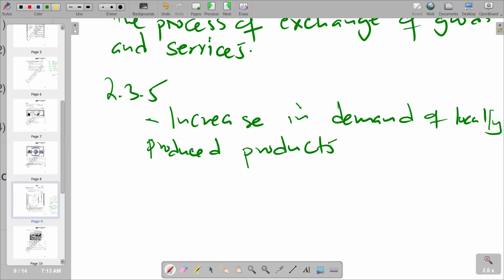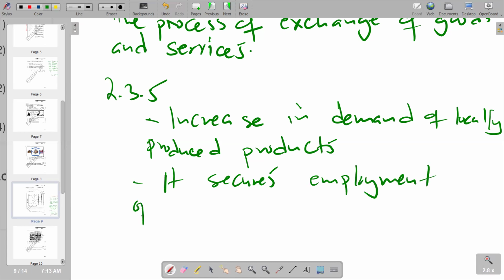So basically, we are saying it secures employment opportunities. So this is also a benefit that we can have.